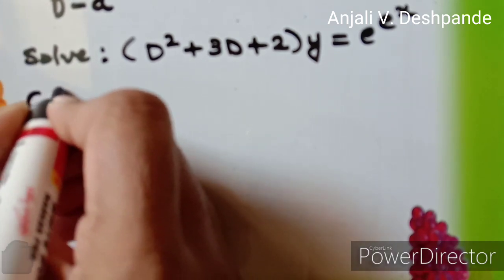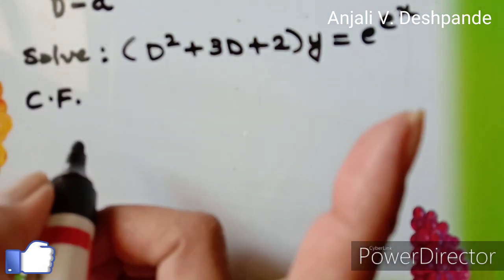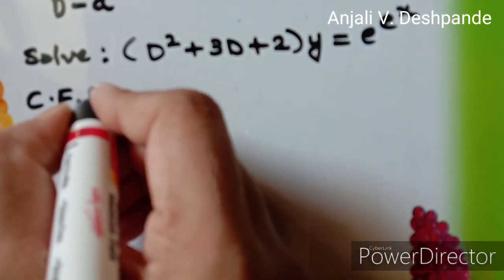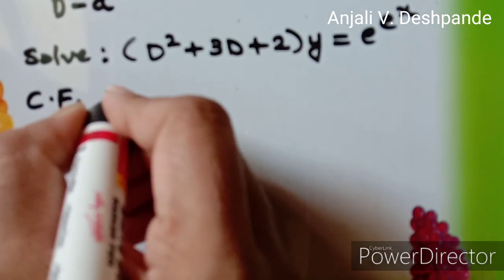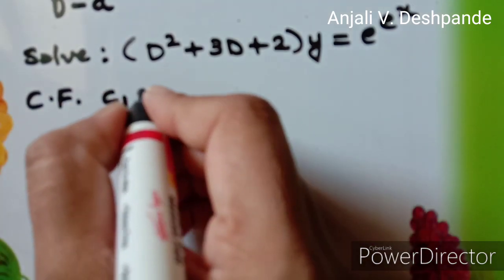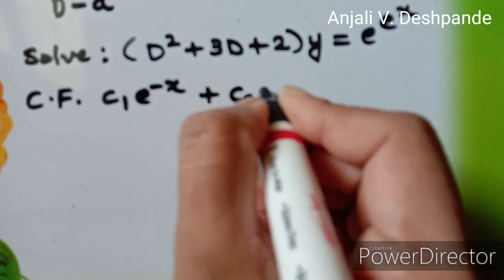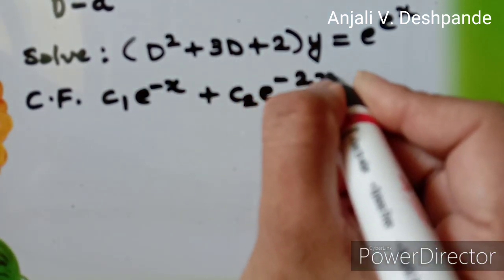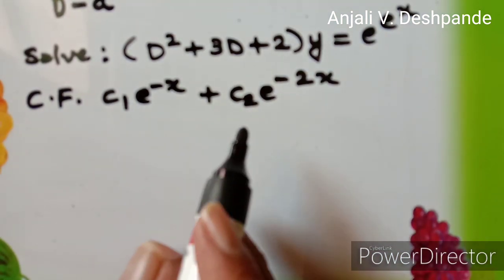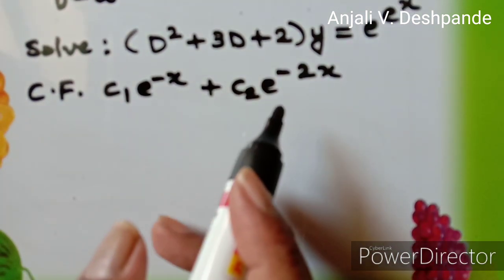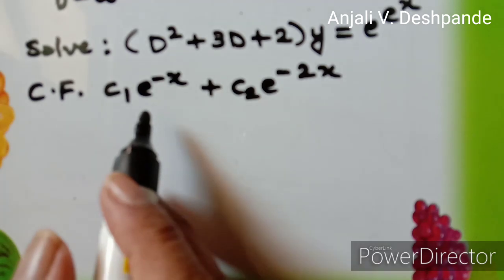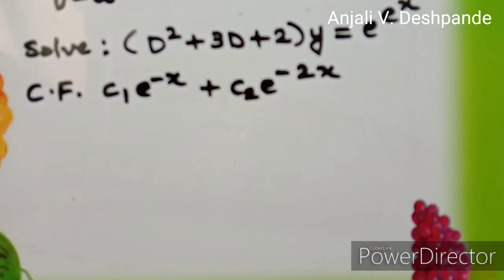You can refer to the video on finding out the CF, which I am giving you the link. In this case, the CF is c1 e raised to minus x plus c2 e raised to minus 2x. Once again, use the links in the description box and you can go and find out how to find the CF if you don't recall it.